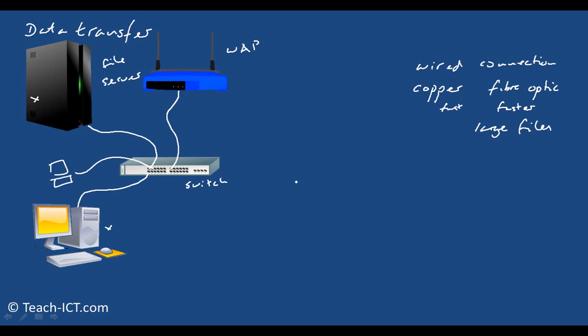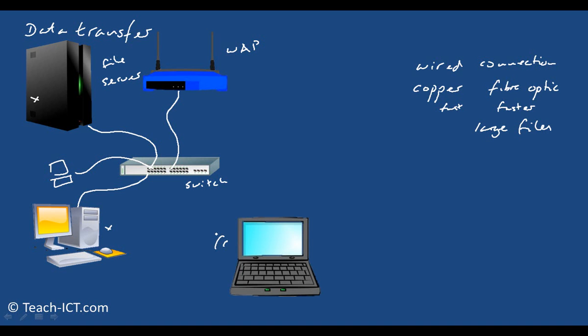And what this means is that you can take your laptop, and because it has wireless technology, it can connect. Perhaps you get the idea. I'll draw a little dotty line. It can connect ultimately to the file server. So that's why when you're using a netbook at school, you're able to download work from your My Documents area, or whatever they use at your particular school.